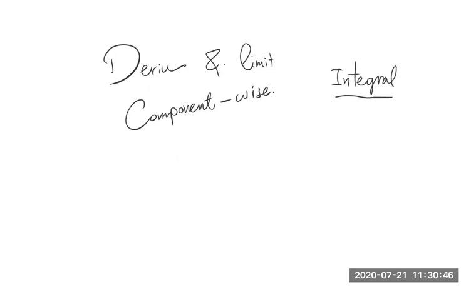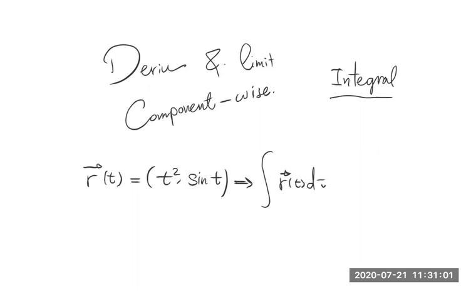So for example, if I have a function r of t from R to R2 equals t squared and sine of t, if I want to know the integral of r(t) dt, I should take the integral of each of these functions.